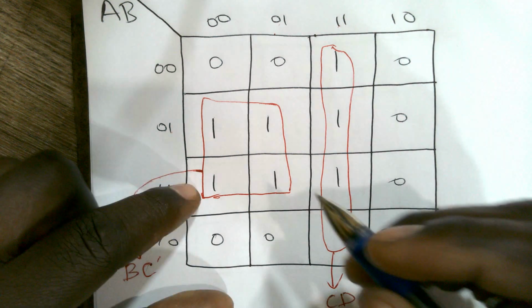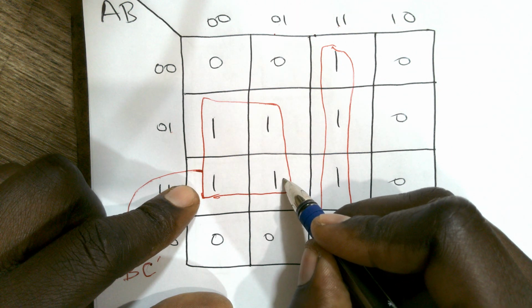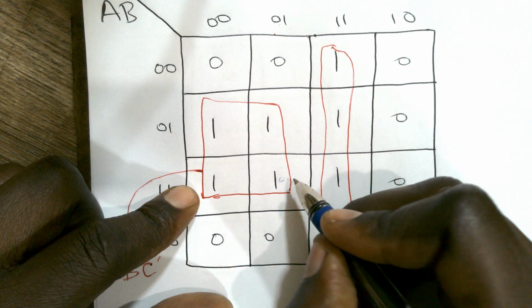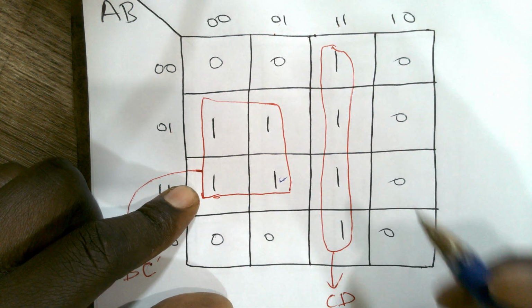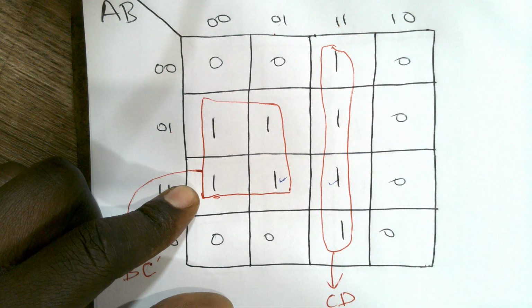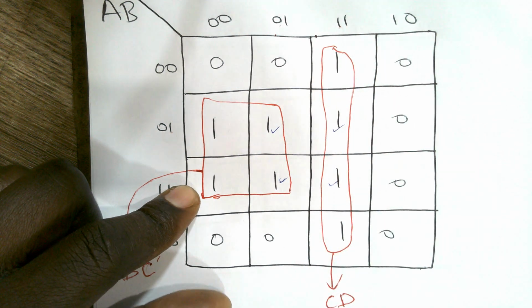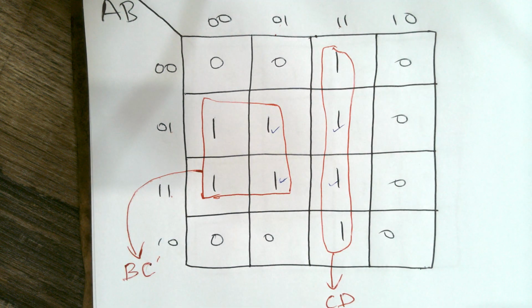Those ones are this one, this one, this one, and this one. Those are 4 ones that are adjacent to each other but not in the same circle, and they will result in hazards.